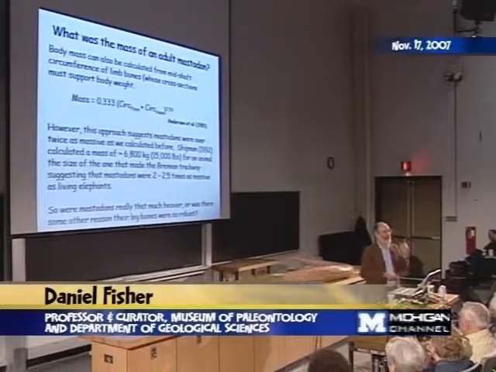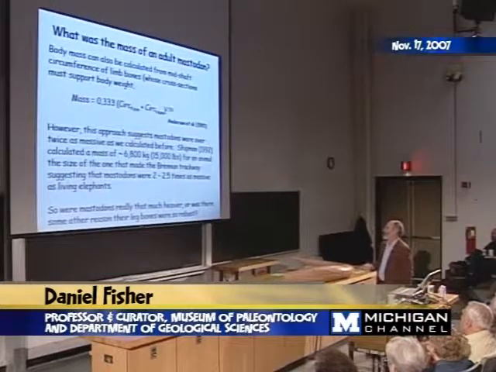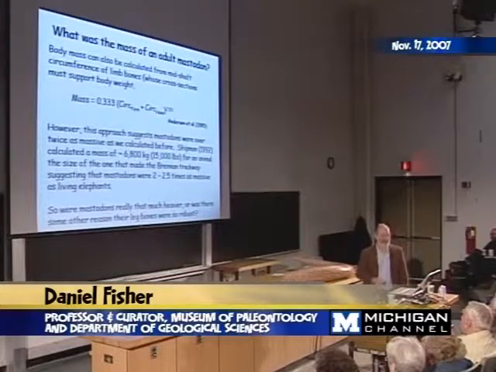I won't try to answer that quite yet, but I just want to point out that there could be some other reason that mastodons had bones that were so robust, so overbuilt that we would estimate body weights 2.5 times greater than linear dimensions would otherwise suggest. But keep that in mind. Why should mastodons, particularly male mastodons, be so overbuilt?